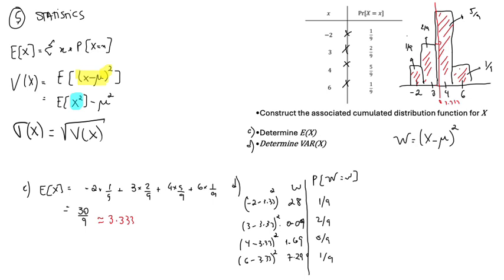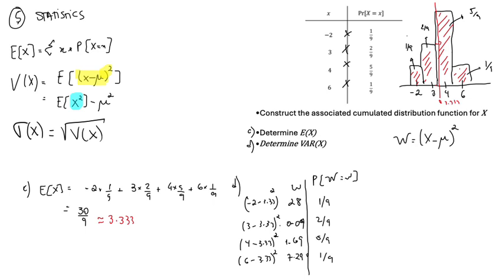Is this the answer? No, it's not. We need to calculate the expected value of this. The variance is the expected value of this W. How can I calculate the expected value?